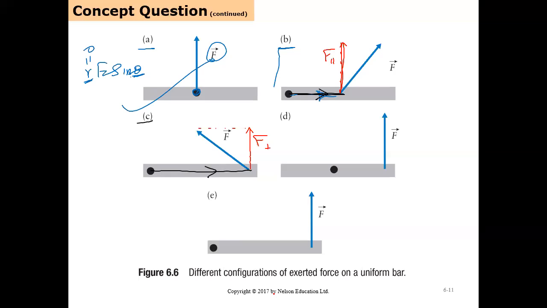Obviously, C is greater than D in torque, because we have a long black line compared to the short black line there. So how do you get the torque? By multiplying R and F perpendicular. So obviously C is greater, but let's look at D also. What about D?